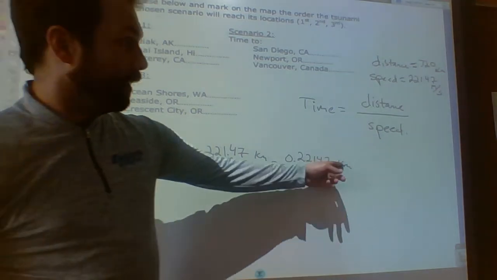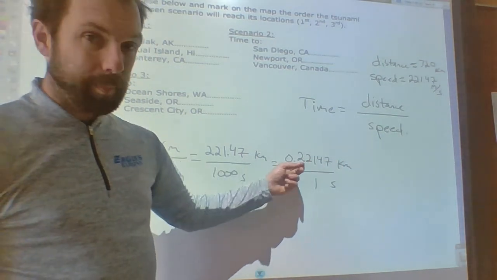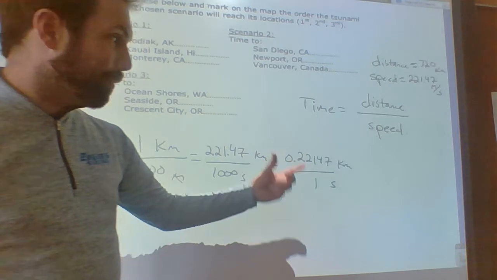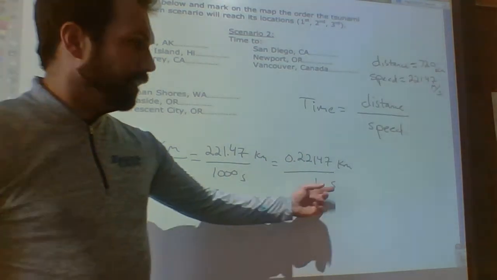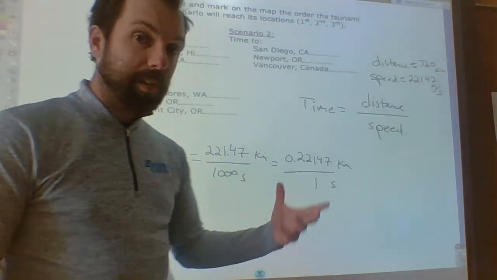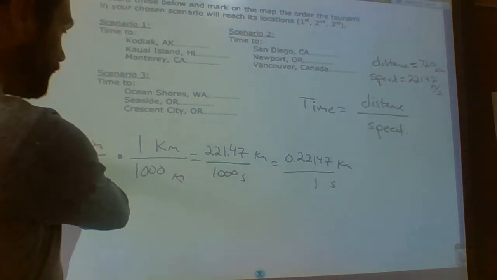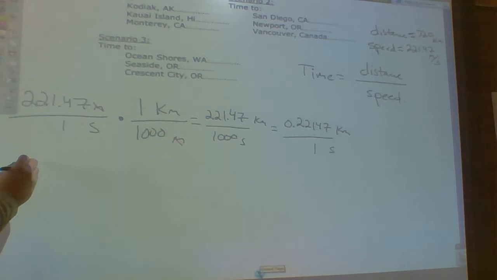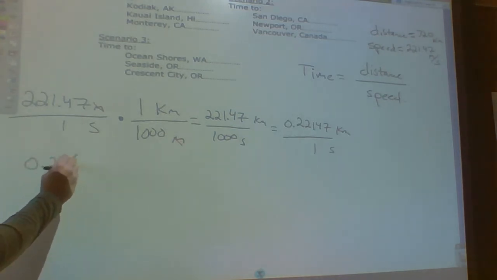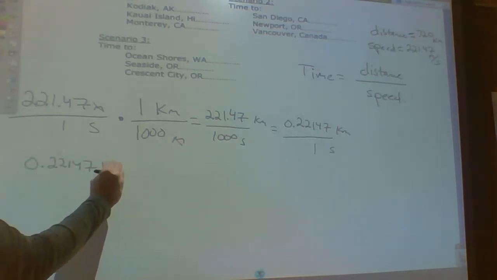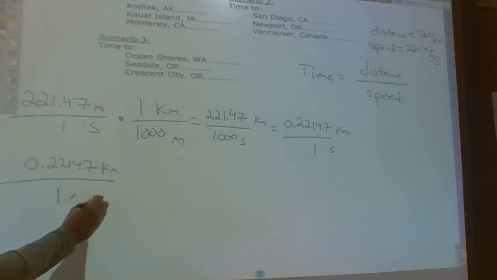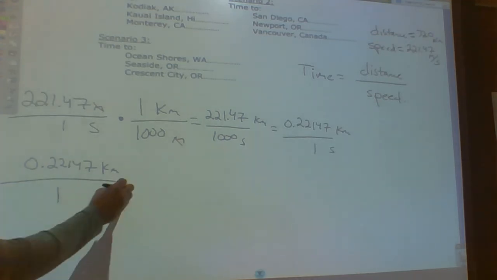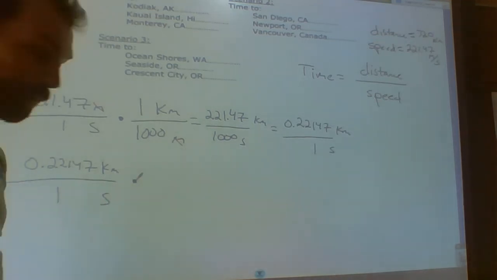So we changed it to kilometers, but this is a really weird number. You'd be like, well, 0.2 kilometers doesn't mean much for every second. We want to change that to hours. So we can use this same conversion idea. If we have 0.22147 kilometers for every 1 second of time, I want to change it to hours.